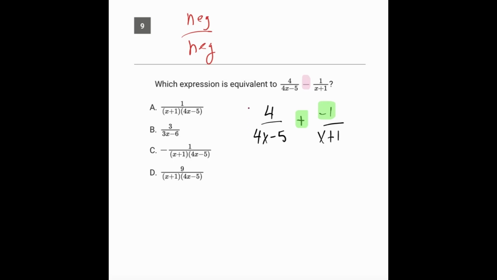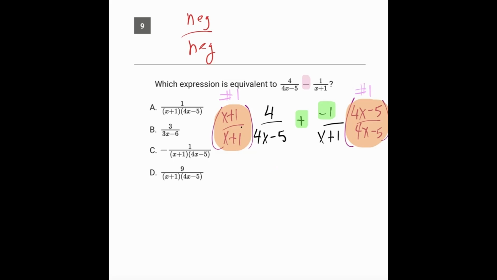We can multiply the one on the left by x plus 1 over x plus 1, and the one on the right by 4x minus 5 over 4x minus 5. Now, each of these fractions that we multiplied by, they're each equal to the number 1. Because when you have the same number on the top and the bottom, all you have is the number 1. And when you multiply something by 1, nothing changes.